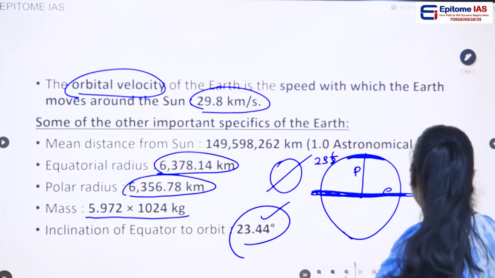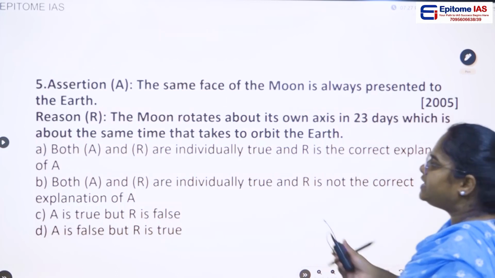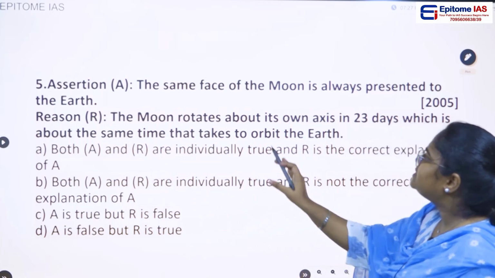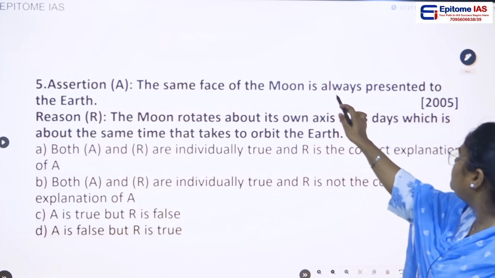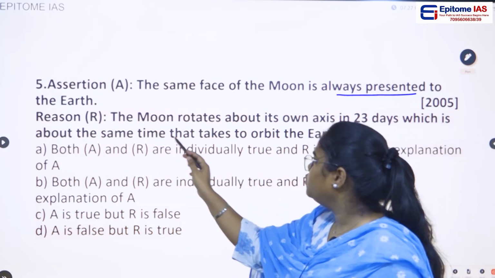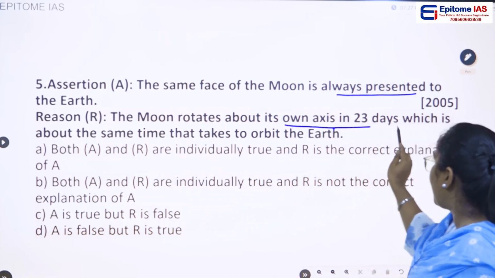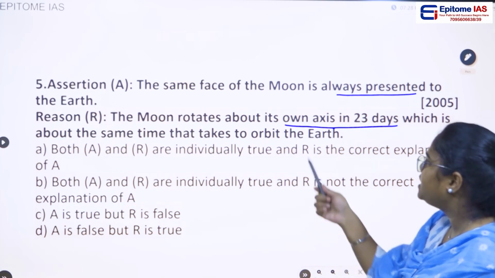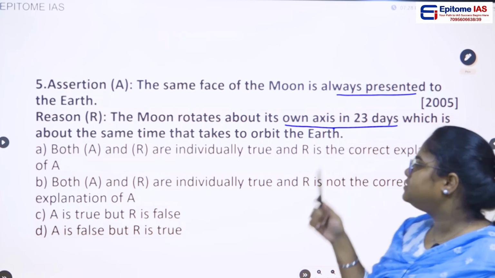Okay. So the next question, they have given the assertion: the same phase of the moon is always presented to the Earth. Reason: the moon rotates about its own axis in 23 days, which is about the same time it takes to orbit the Earth.